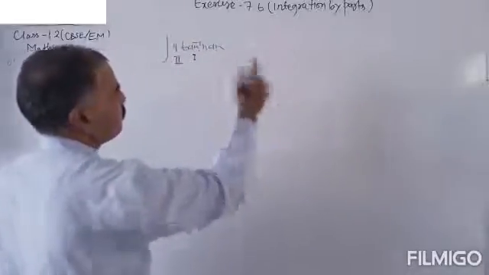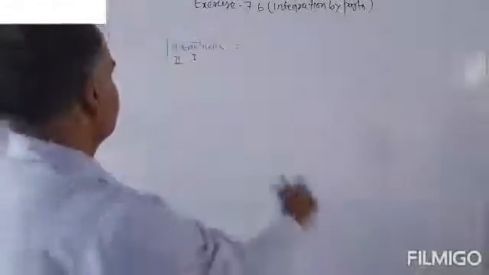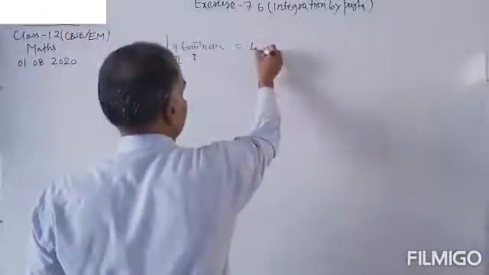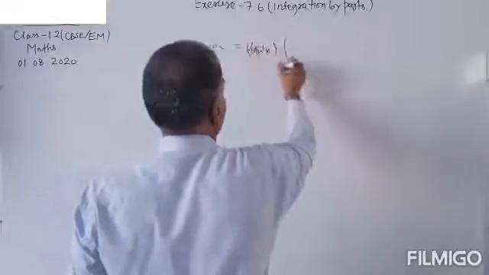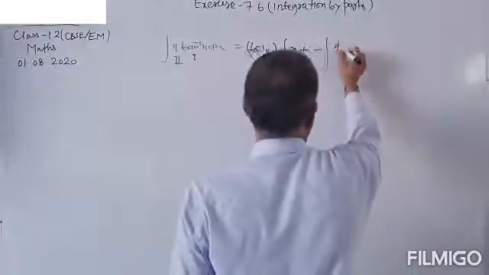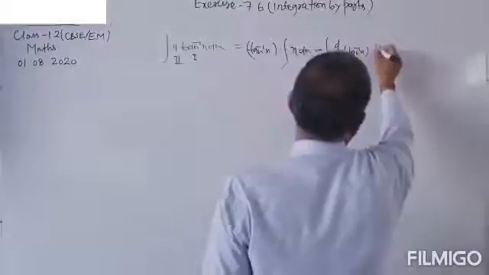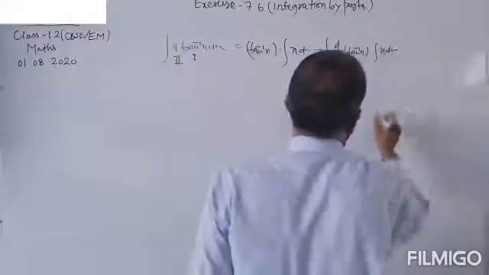Now using the product rule, that is first function tan inverse x, integration of the second function x dx, minus integration of the product of the differentiation of the first function tan inverse x and the integration of x dx.